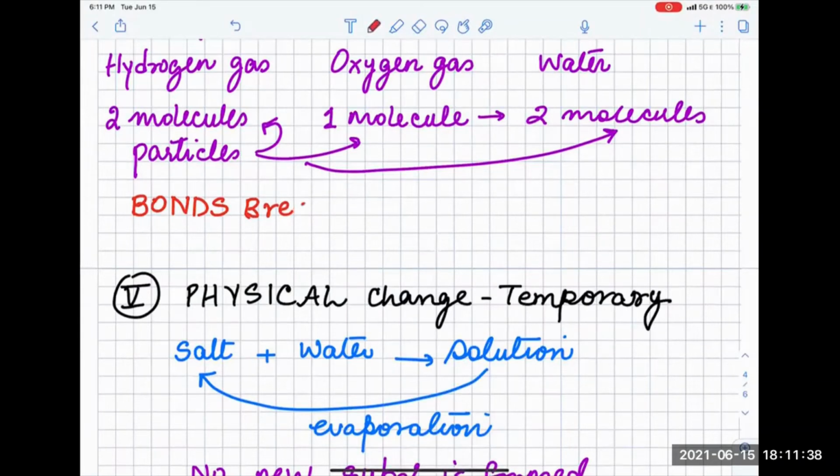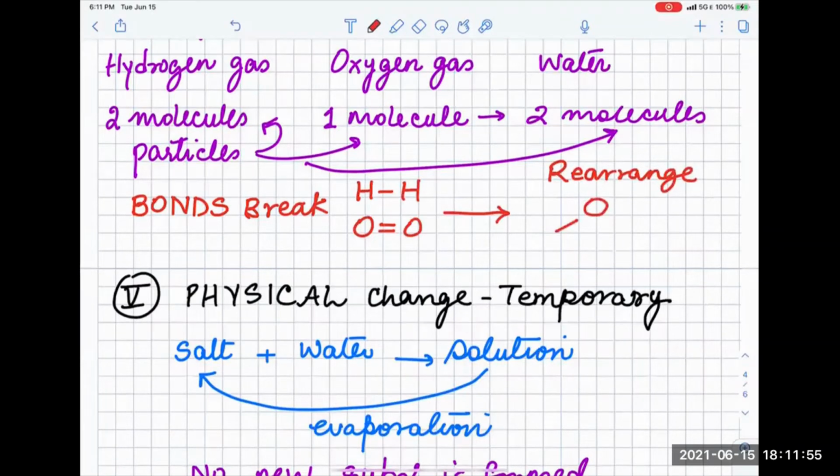This is the hydrogen and hydrogen bond break. And here the oxygen and oxygen double bond actually break. And then they rearrange. How do they rearrange? They rearrange to form water. They only need one oxygen and two hydrogens, like that. And that's always at an angle. So all that requires a lot of energy.